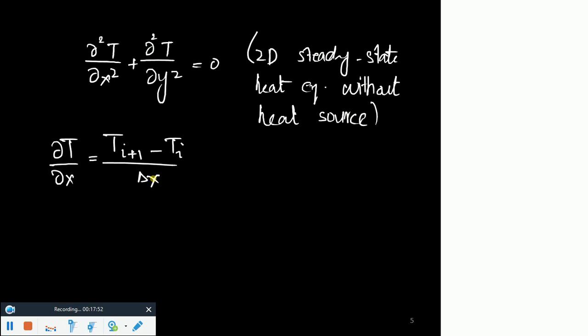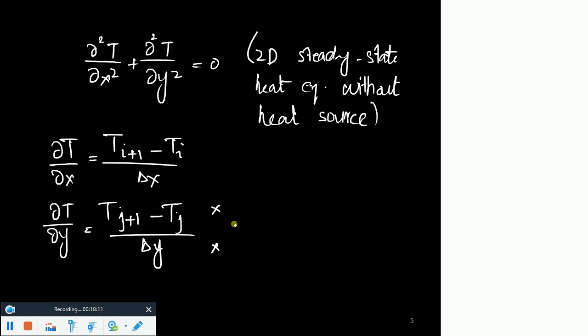Delta x is not going to change. Now similarly, for partial t over partial y, I would choose some other index. I would say this is t(j+1) minus t(j) over delta y. You understand that? In this case, this is j+1 and this is j, and here this is i and this is i+1.